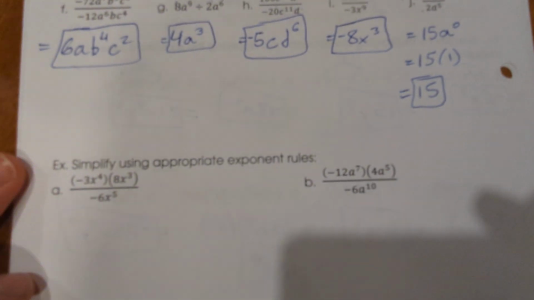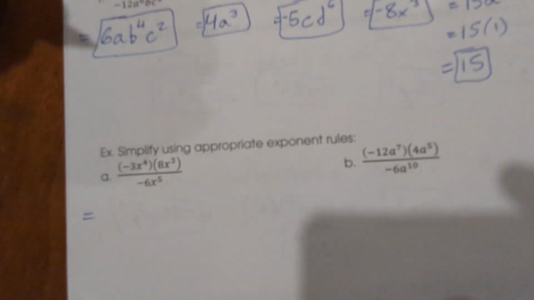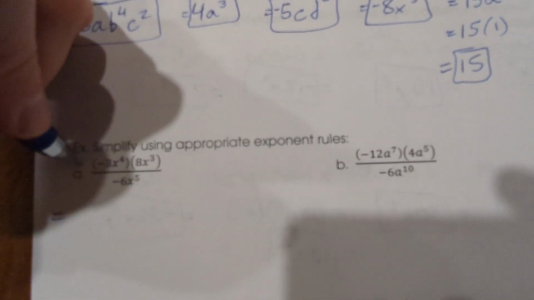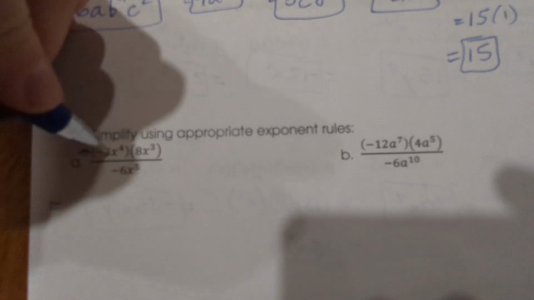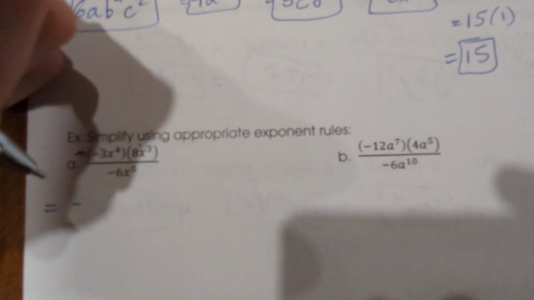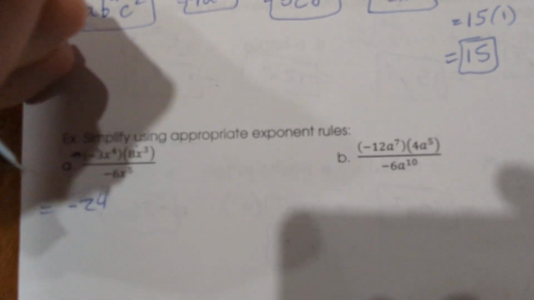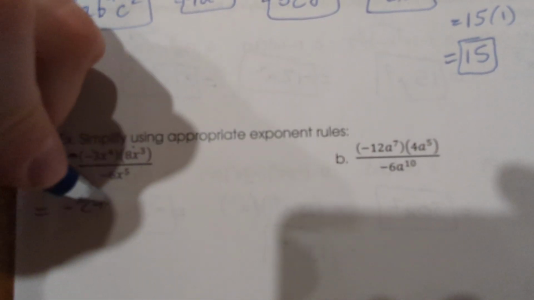Last two examples. This is combining both multiplying and dividing. So we can do these in a couple steps. When you have a fraction like this, you want to do what's on the top first, and then you divide after. Okay. So we're going to do negative 3 times 8, which is negative 24. And then x to the 4 times x to the 3.